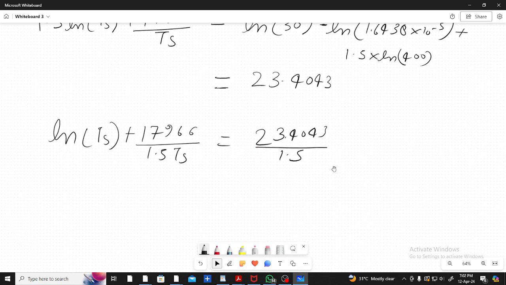7966 upon 1.5. So if you do this, you will get 23.4043 upon 1.5, which is 15.602.